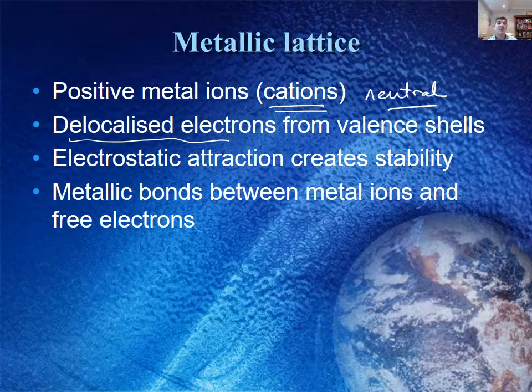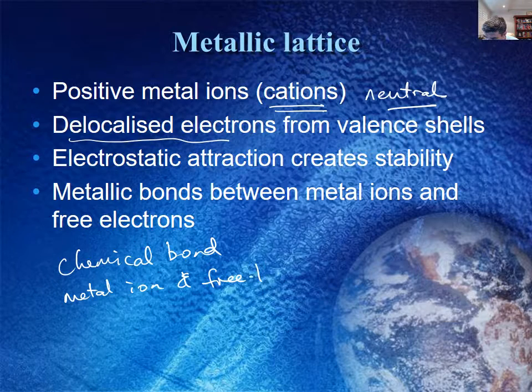So these delocalized electrons have all come from the valence shells of the metallic lattice, and the chemical bond that exists between the metallic atoms, metal ion, and free electron is called a metallic bond.